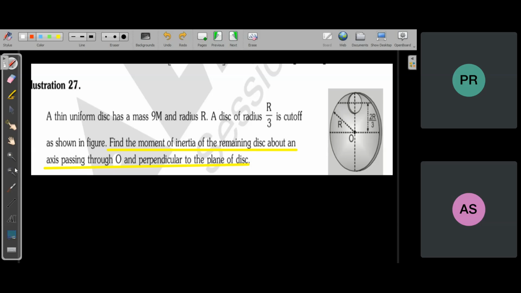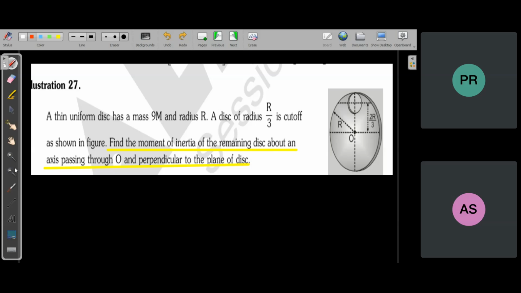Moment of inertia is just a number that gives you an idea about the resistance offered to stop a rotating body or to start a rotational motion.